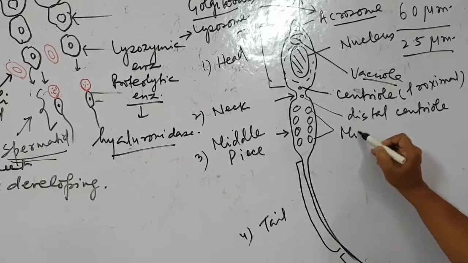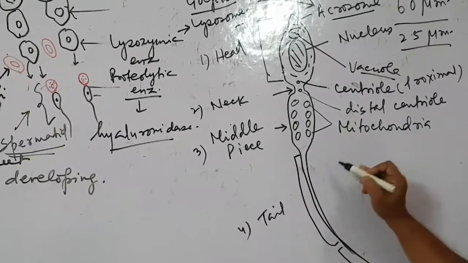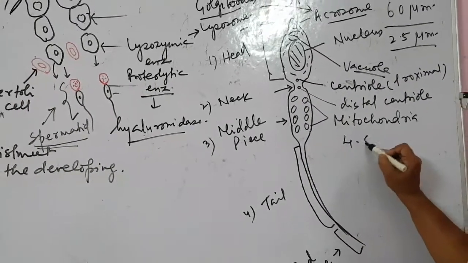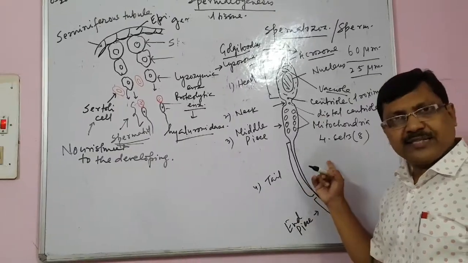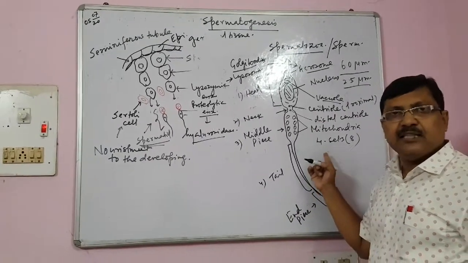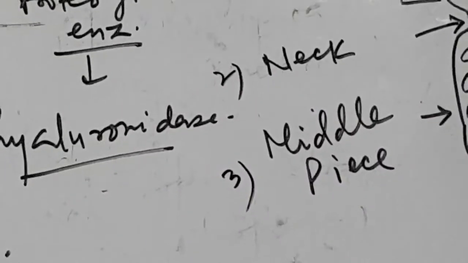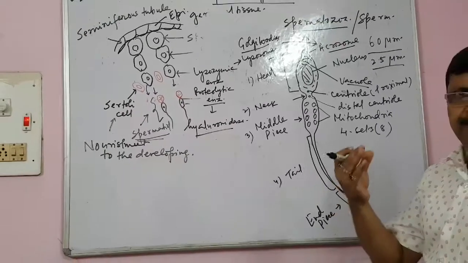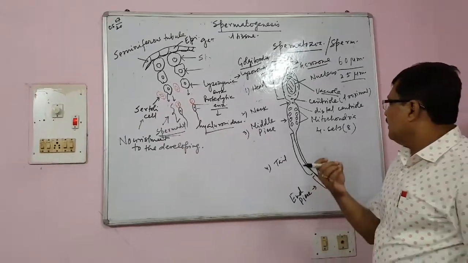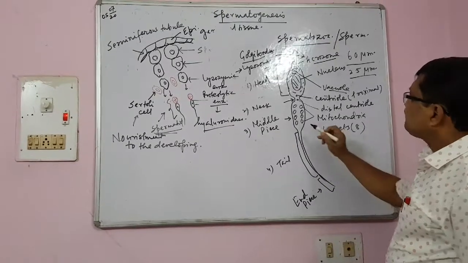These are mitochondria. 4 sets means a total of 8 in number, and this point is very important and has come several times in AIPMT and NEET examinations.